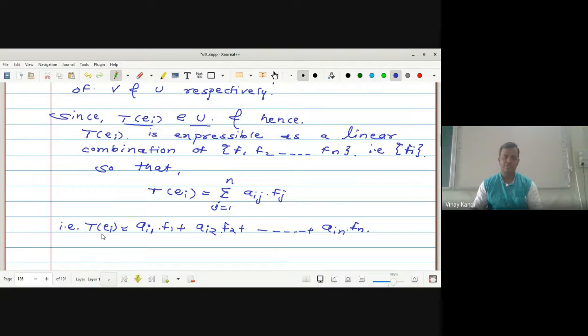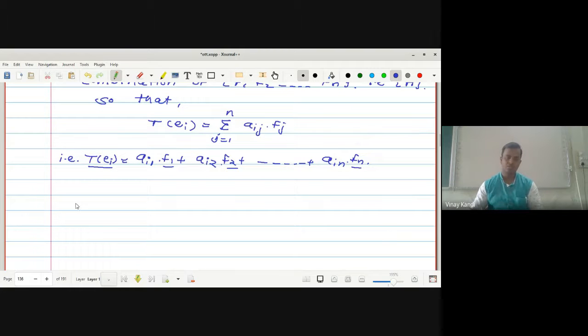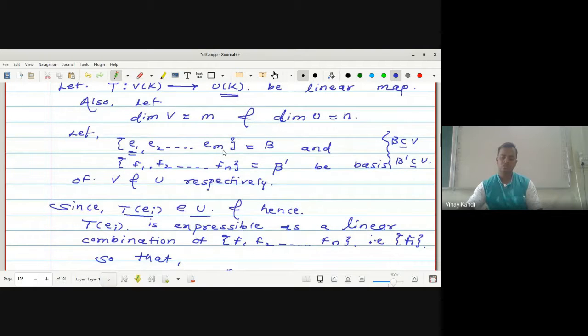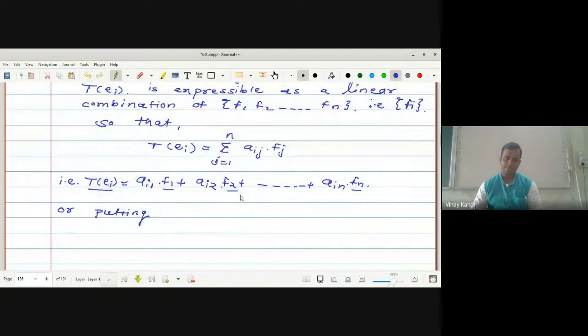So each and every element we can write as a linear combination of f1, f2, up to fn. We can also write this statement by putting T of ei, how many elements are there? ei has m elements. So run this i from 1 up to m.